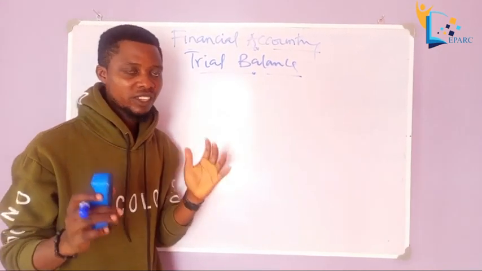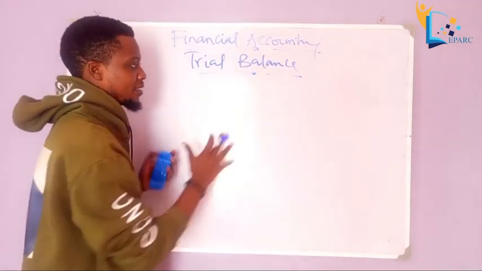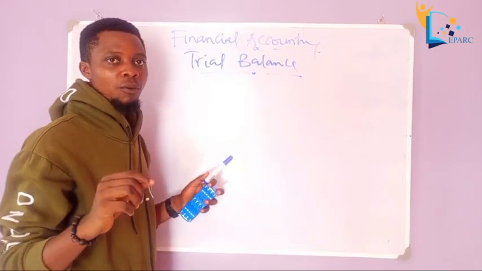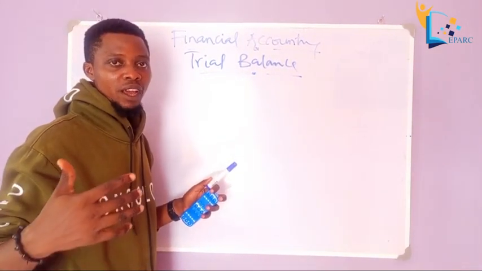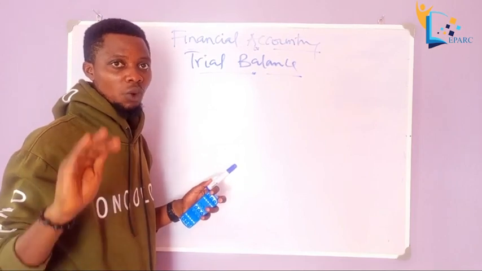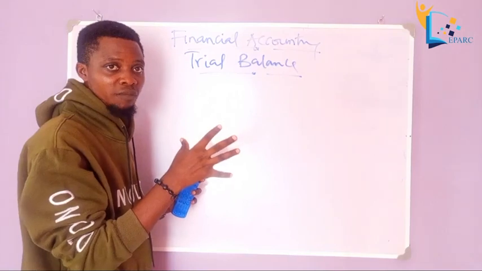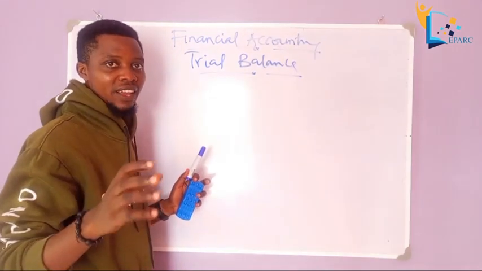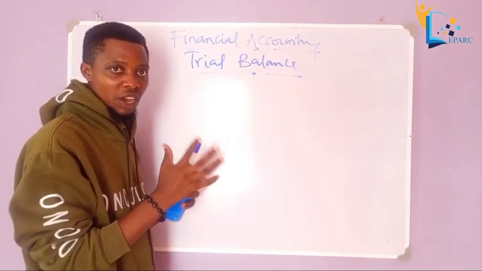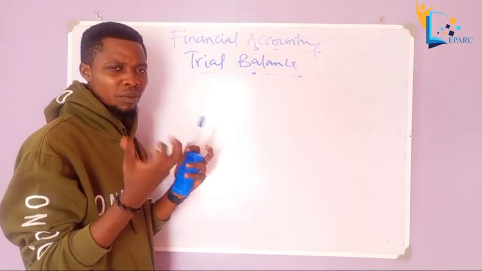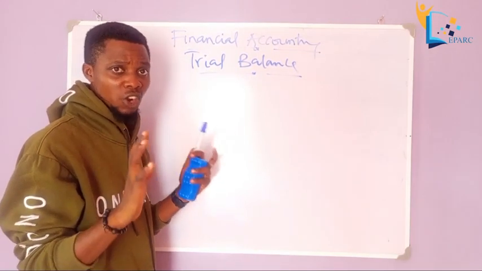Maybe when we begin to solve the final accounts of a sole trader, you will understand where the trial balance comes in. But before that, I need you to get a short view of what the trial balance is.